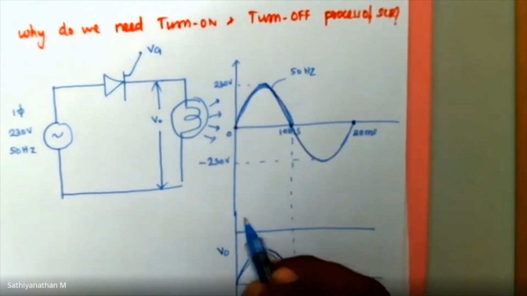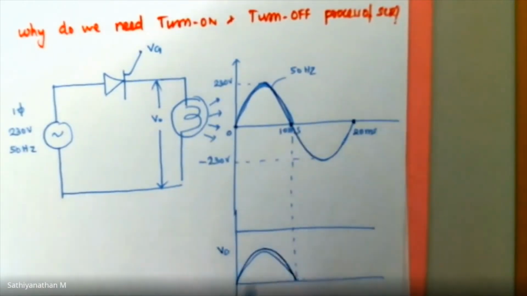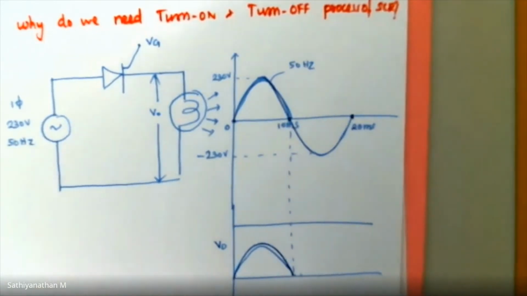What will be the switching angle you have to fix to allow the entire input voltage to the load? What will be the switching angle or duty cycle you have to maintain? Duty cycle is nothing but the time period at which the device is active.